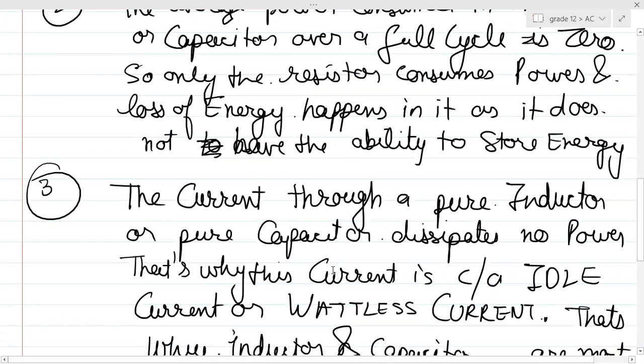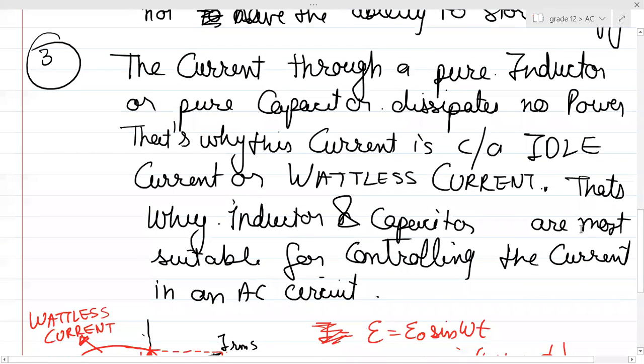That is why, instead of adding another resistance to the circuit, we change the inductor and capacitor so that we can vary XL and XC without any further loss of energy.